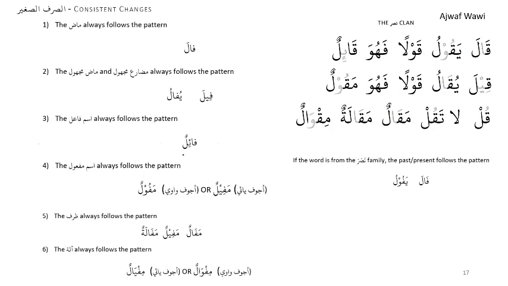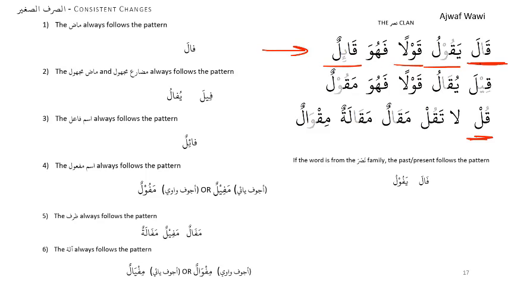Okay, now we look at some very common words. One of the most common words in the Quran is qala, or qul, ya ayyuhal kafirun. So qul keeps coming up, and this will follow the rules that we just talked about. But let's look at row 1, which is fail madhi, mudare, masdar, fahuwa, fa'il.